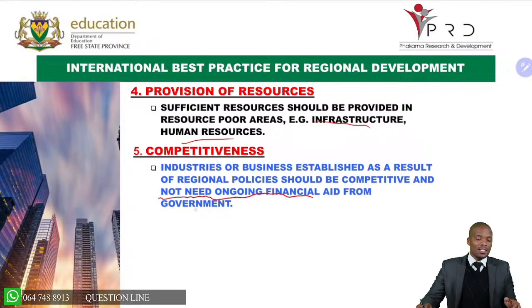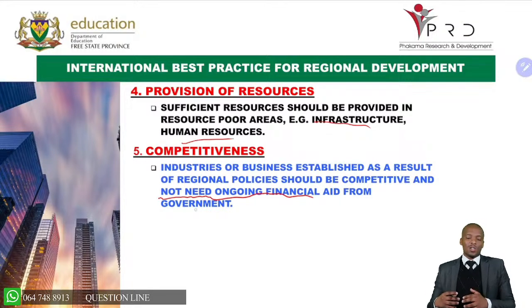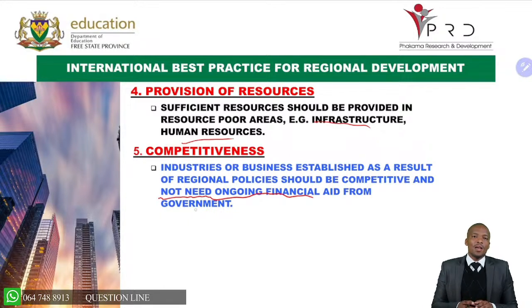We are not saying that if we want to develop a certain region in the Free State, people from Gauteng, or if we want to develop a certain region from Gauteng, people from the Western Cape, unless if their skill is deemed to be critical.